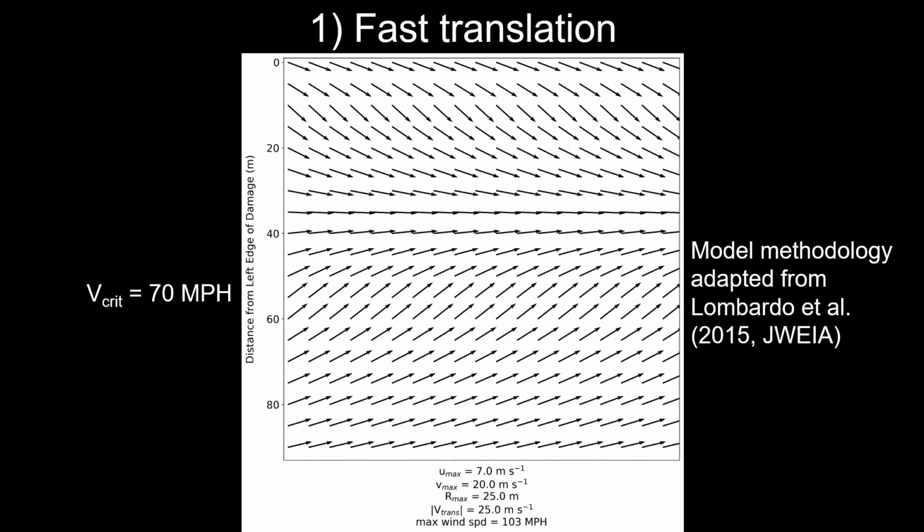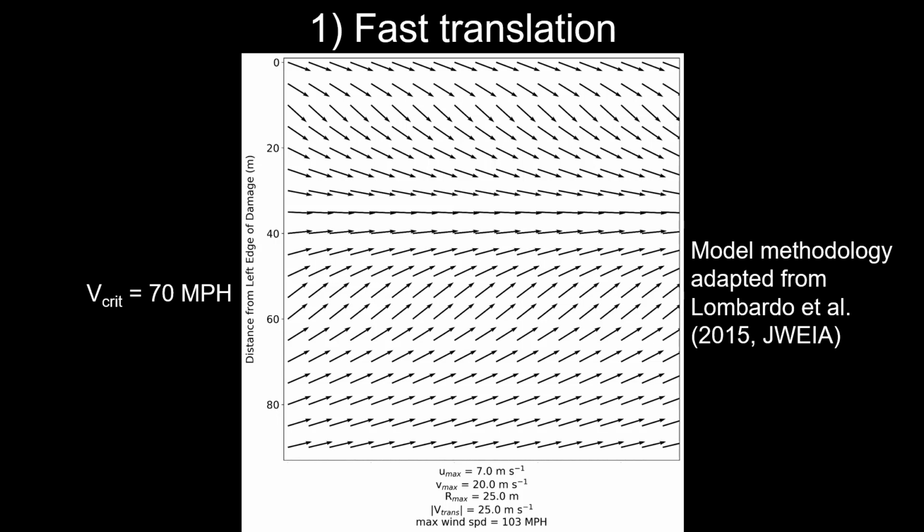This is a 103 mile an hour maximum horizontal wind that you would derive from the combination of the translation, the rotation, and the inflow. So this is not a really weak or low-end vortex, essentially. This would be a mid to upper-end EF1 tornado that you'd be looking at.